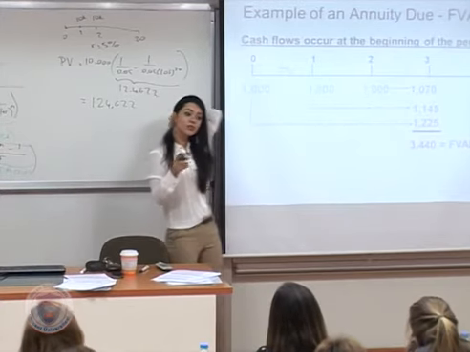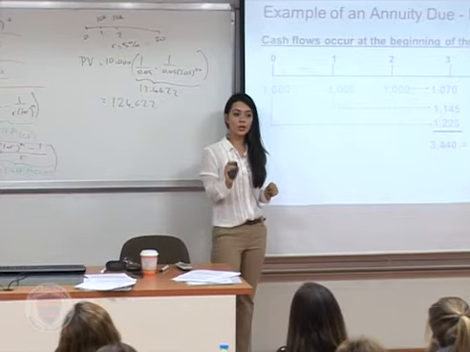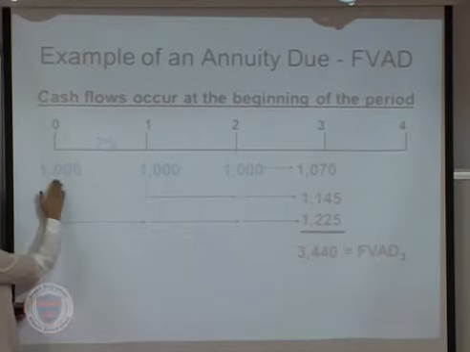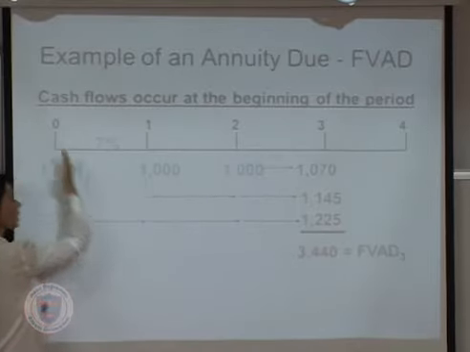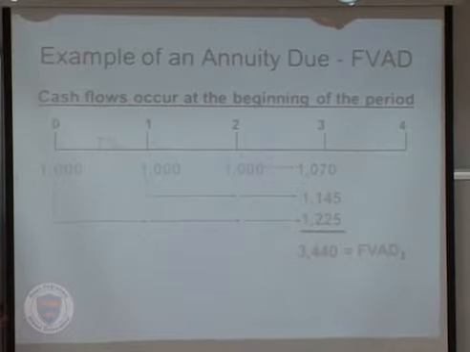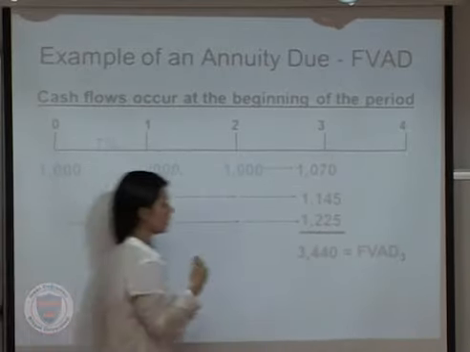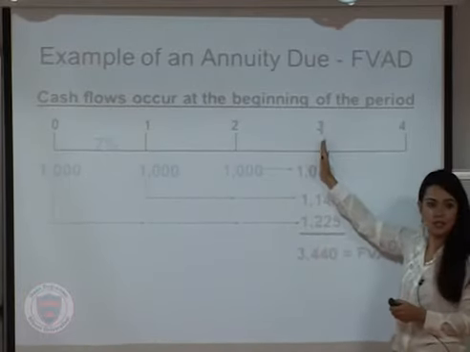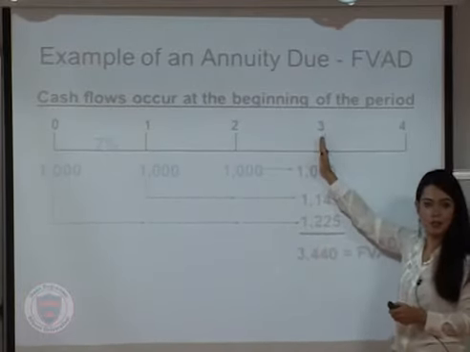If it was an annuity due, if your payments occur at the beginning of the periods, then what's going to happen? The payments will be like this, right? At the beginning of the periods. The question still asks you how much money will you have at the end of 3 years. So you're still asked to calculate the future value of the annuity at this point. But what happened now?